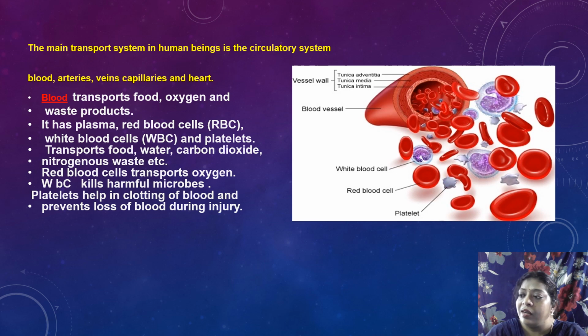If you cut your hand with a small lancet or a small blade, after some time you find the blood stops. That is because of your platelets. They are very intelligent. They help in the clotting of your blood and prevent the loss of blood, especially during a small hurt or injury. Of course, when it is a big injury, it is something different.